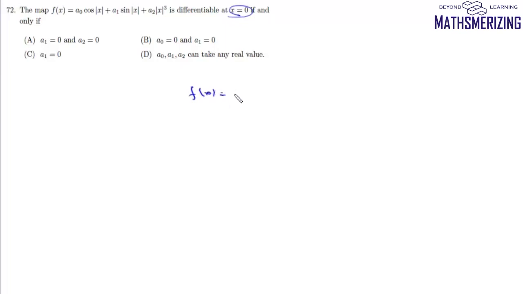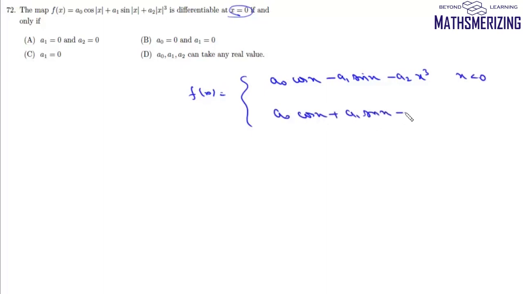We can write this function f(x) as a0 cos x minus a1 sin x minus a2 x cube when x is less than 0, and it will be a0 cos x plus a1 sin x plus a2 x cube when x is greater than or equal to 0. f(0) negative will be a0, and f(0) positive will also be a0, and the value at 0 is also a0. So this function is continuous at x equals 0.